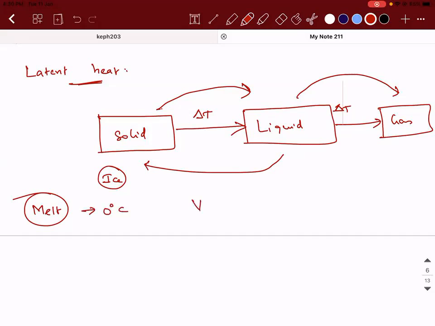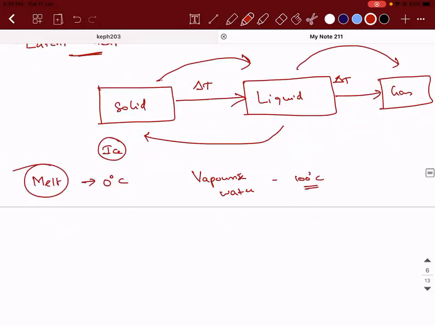If you want to vaporize water, you can do it at 100 degrees Celsius. Yesterday itself I mentioned clearly that when ice is melting, you will be supplying some heat, but that heat will be utilized only to do what? Only to break the bonds in the solid and convert it into a liquid form.